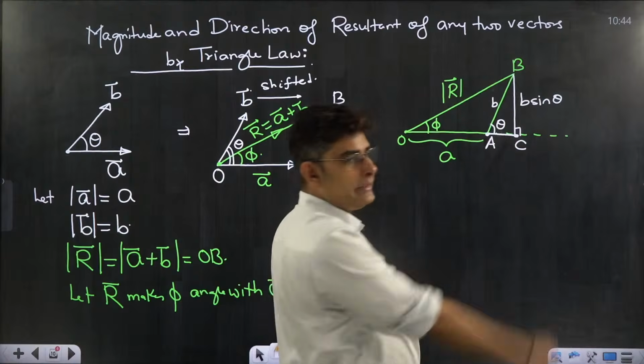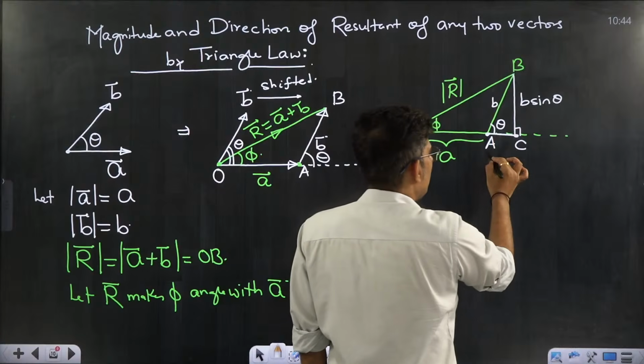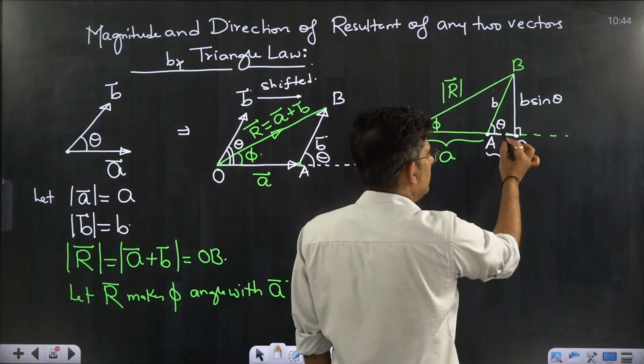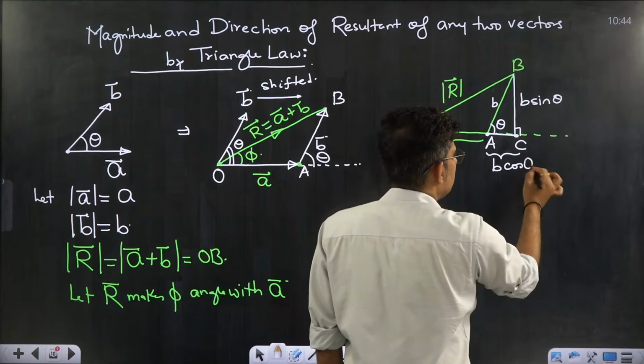So it becomes B sin theta. Now cos theta is base by hypotenuse, so base will become hypotenuse into cos theta.